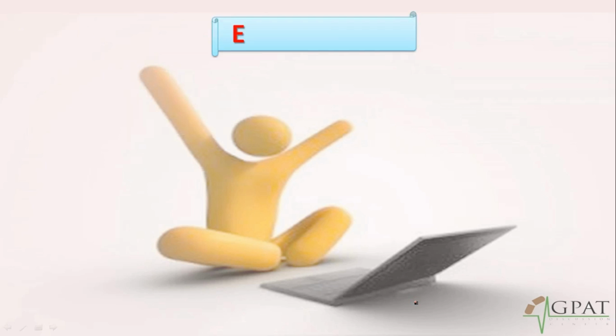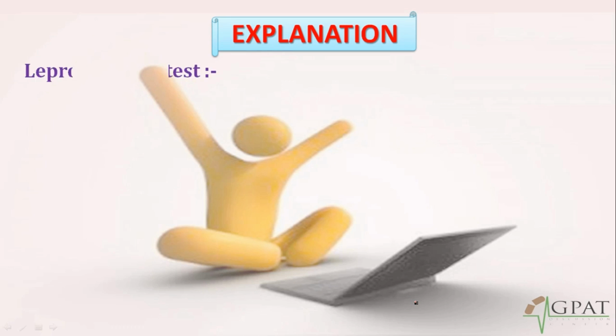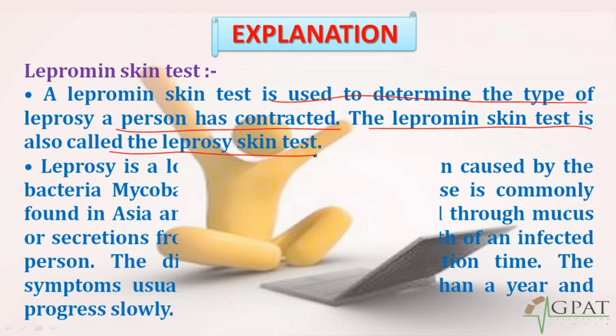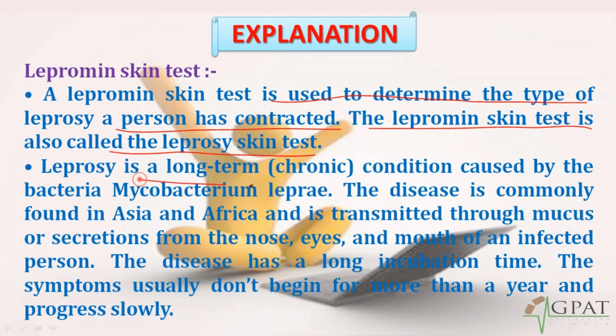So what is the lepromin test and what are the other tests which are used to diagnose infectious diseases? Lepromin skin test is used to determine the type of leprosy a person has contracted. The lepromin skin test is also called the leprosy skin test. Leprosy is a long-term condition caused by the bacteria Mycobacterium leprae.